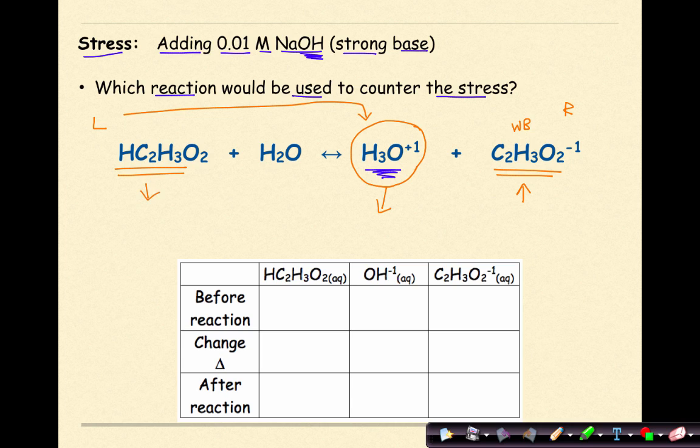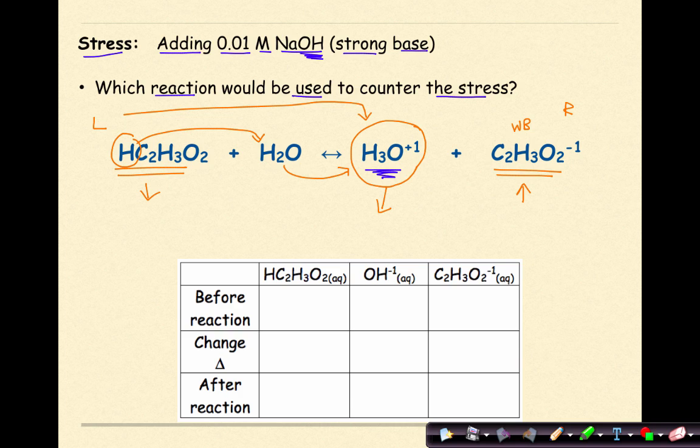That is going to go down because that acetic acid needs to donate its acidic hydrogen to the existing water molecules to form the hydronium ions that are being used to neutralize the incoming hydroxide ions. So again, my acetic acid will ultimately decrease. My acetate ions, which is my weak base, will increase until equilibrium is reestablished.